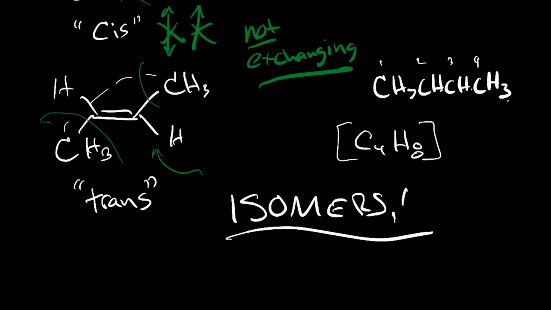Isomers are a natural consequence of the three-dimensionality of atoms, because you can put stuff together in different ways using the same pieces. Cis and trans are an example of two different isomers, and specifically, they're two different examples of stereoisomers.